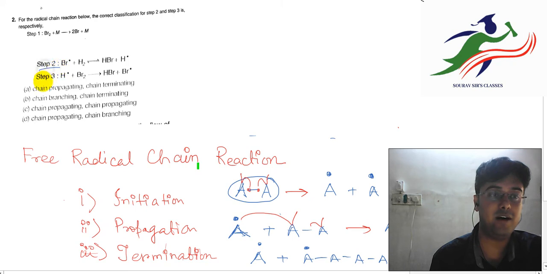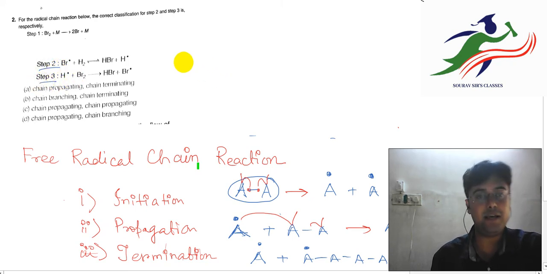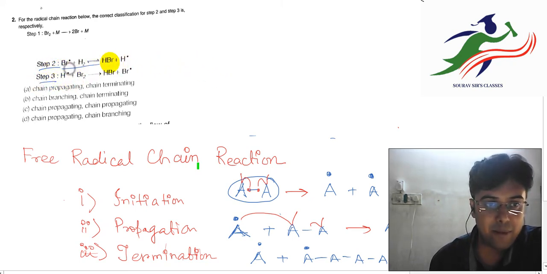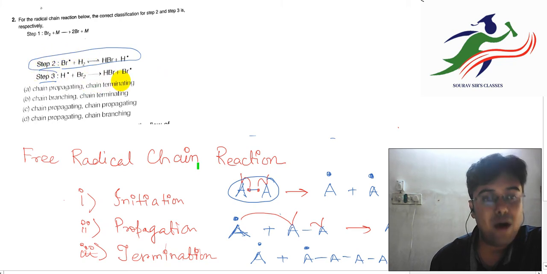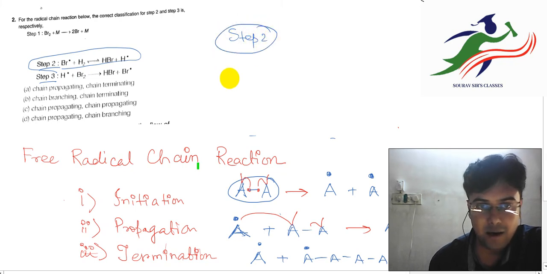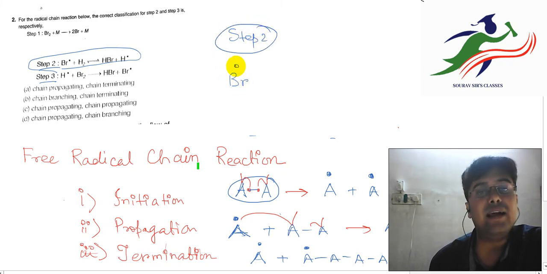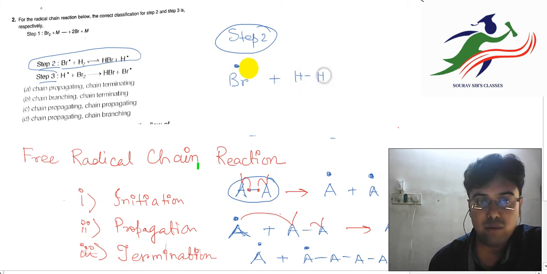That means over here and over here. See, let me first elaborately write down step 2 and step 3. Okay, so step 2 first. Here there is a bromine free radical. This reacts with a hydrogen molecule.